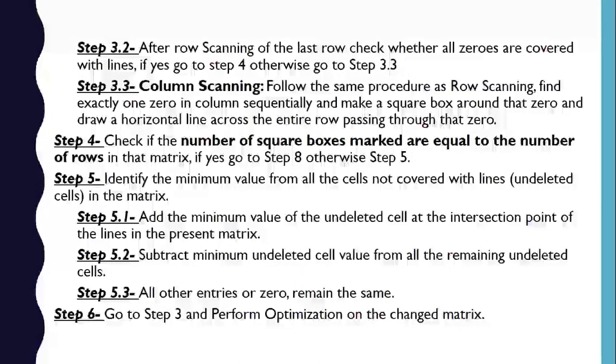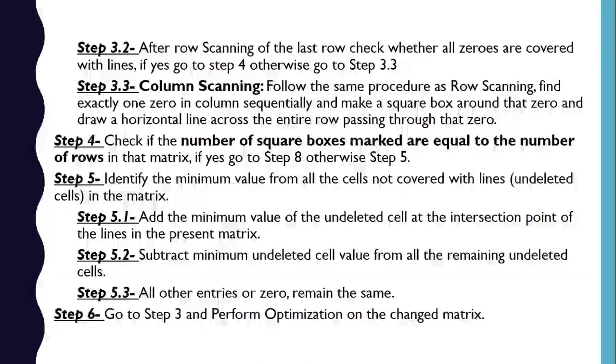After doing this, we go to step 4 and check if the number of square boxes marked is equal to the number of rows in that matrix. If yes, then we go to step 8, which means that we have optimized the matrix completely and we just have to find what the minimum cost is. But if that is not the case, we go to step 5.